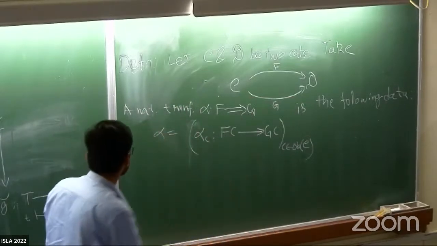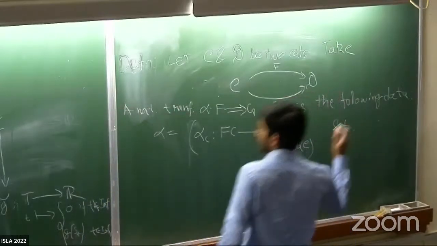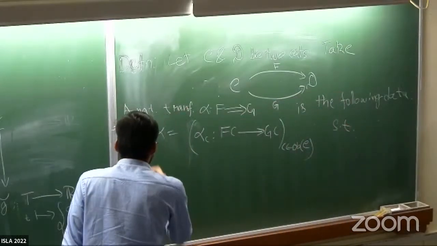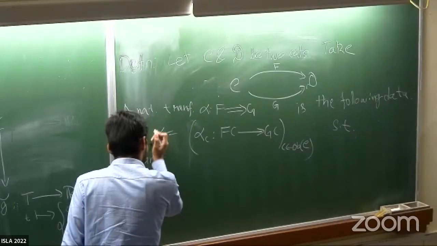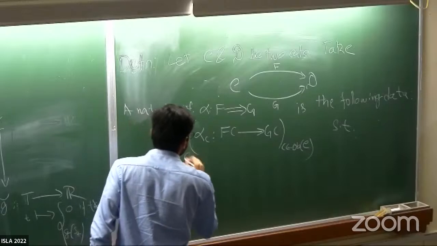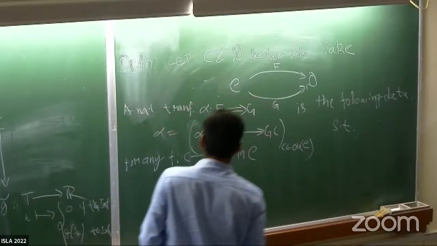I need some more conditions on it. The condition is the following: such that for any arrow f from C to C prime in C, the following commutes.